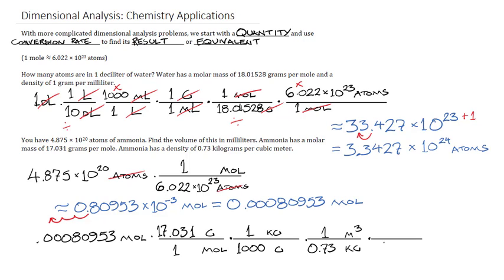And then finally, we convert meters into centimeters. Well, we know that 1 meter is equal to 100 centimeters. But again, because we're dealing with cubic units, we have to cube everything. We have to cube all 4 of these things. And again, if we do that, we get 1 with 6 zeros, so 1 million. And now we should have everything we need to make this come out nicely.